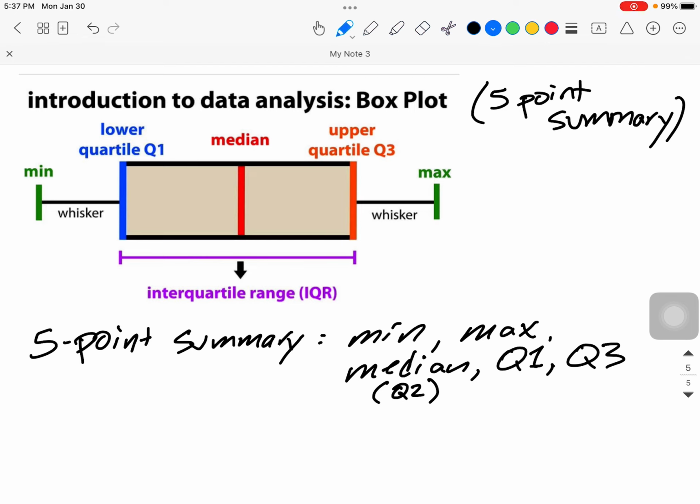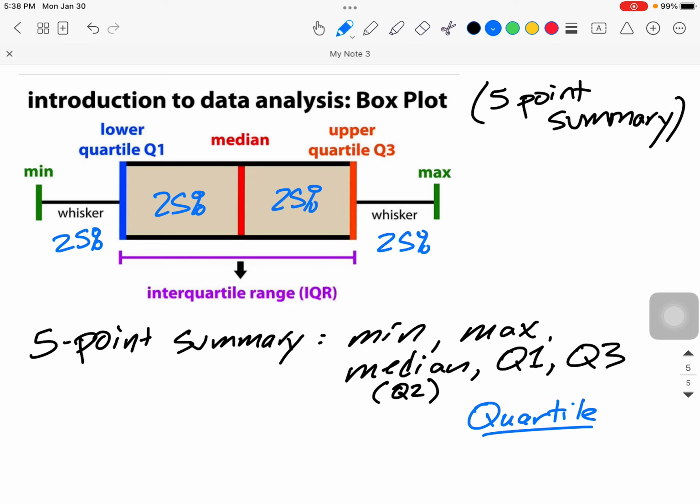So the reason they're called quartiles, I wrote Q1, comes from the prefix quarter. What the quartiles do is break a data set into basically 25% chunks. Again, quarters, if you think about it like that.